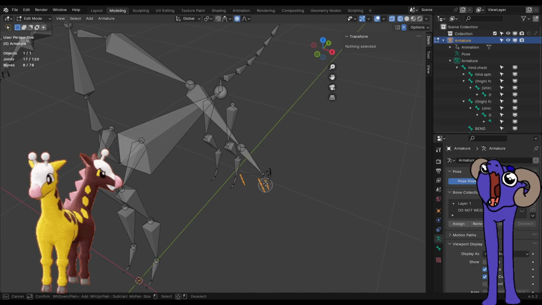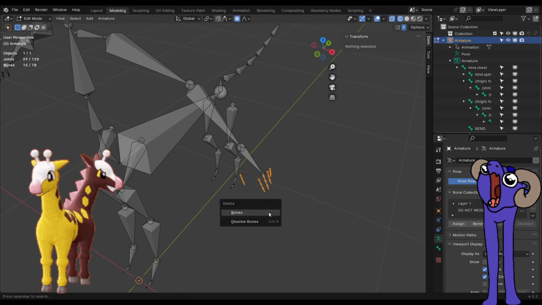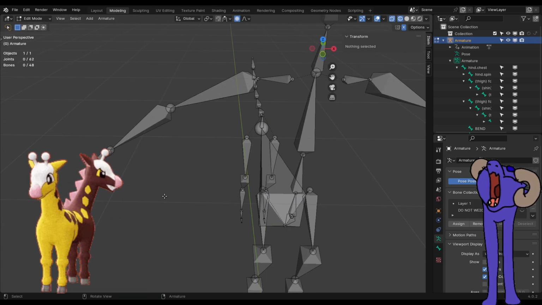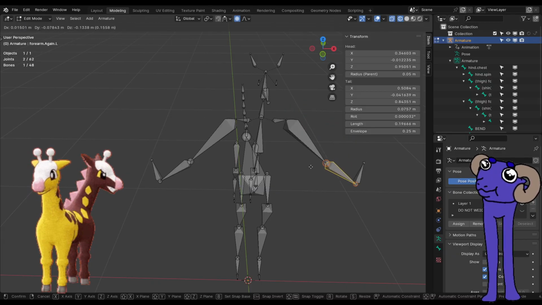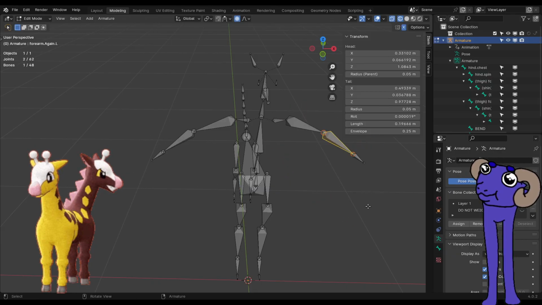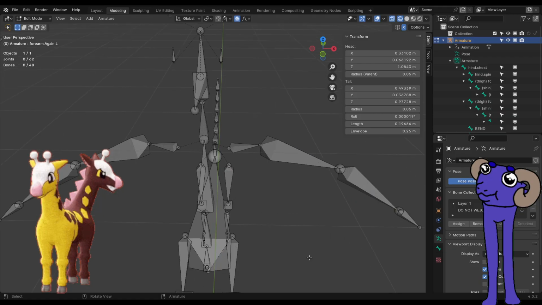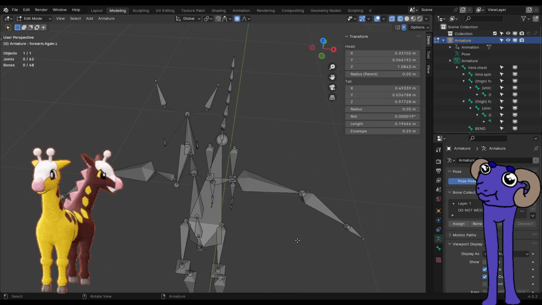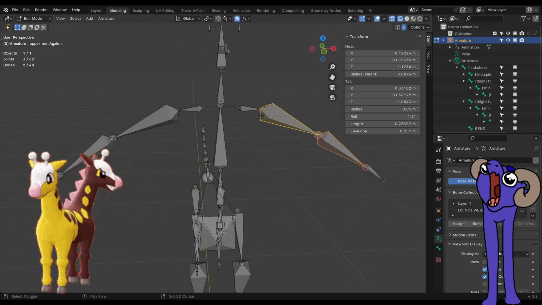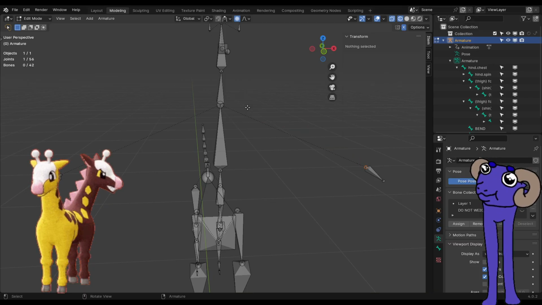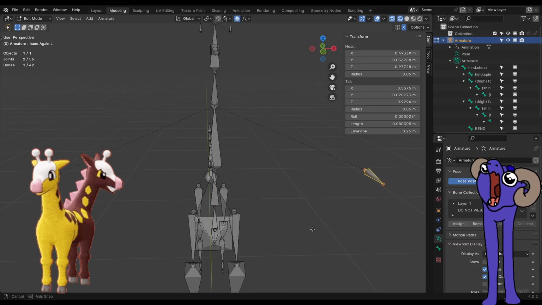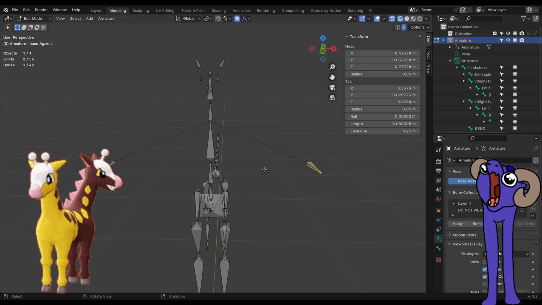And those hands will basically make a psychic effect, so it looks like Girafarig is just psychically controlling stuff. Oh, these are mirrored. Wow. Yeah, if I'm correct, if I just have only hands, that should be fine.